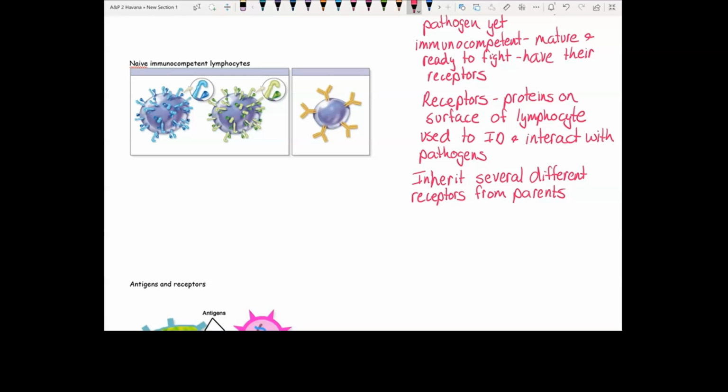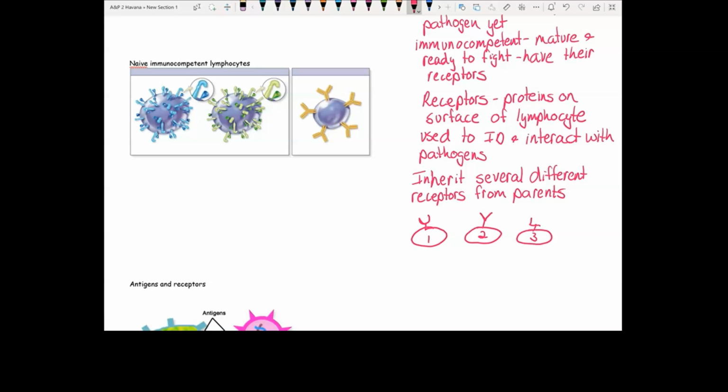Each individual lymphocyte only has one type of receptor on it, but then you have several different lymphocytes. So, for example, this might be lymphocyte number 1, and it has this receptor. Here's lymphocyte number 2. It has a receptor like this. Here's lymphocyte number 3.